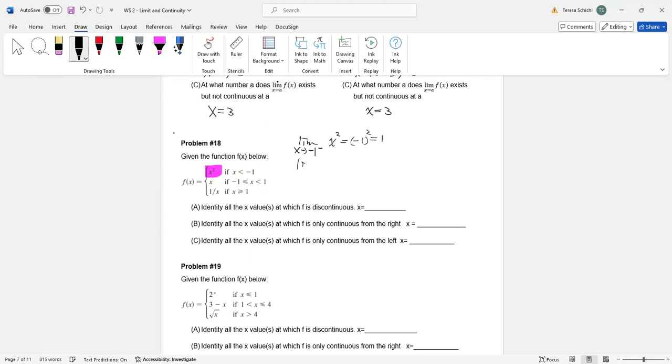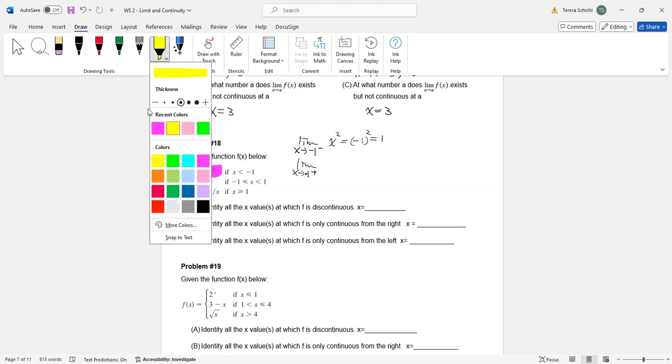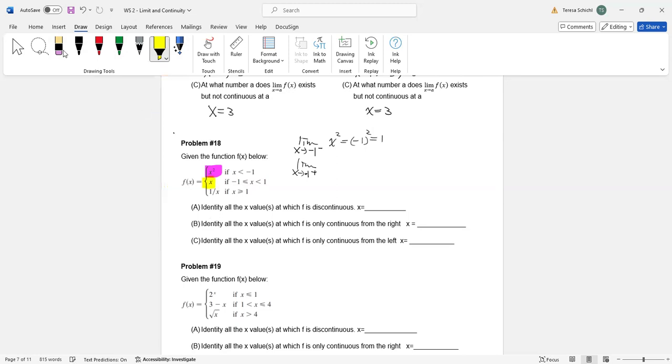And then the limit as x approaches -1 from the right-hand side, meaning greater than -1, so I use x here. This gives me -1. Obviously, unfortunately, this is not equal. The limit is the first condition continuity needs to satisfy. The limits are not equal, so I know f is discontinuous at -1.